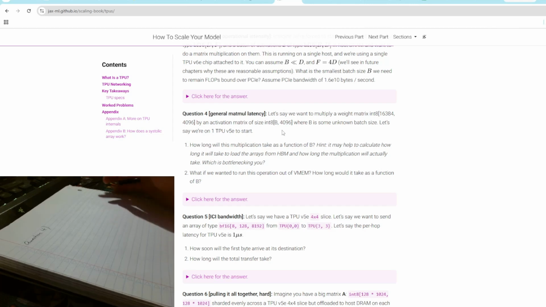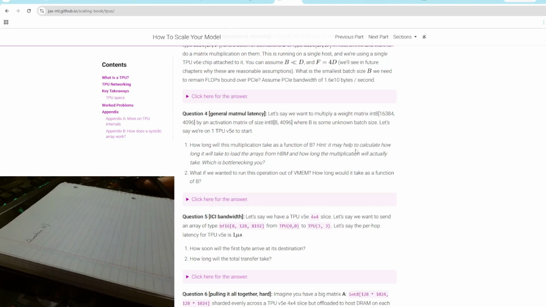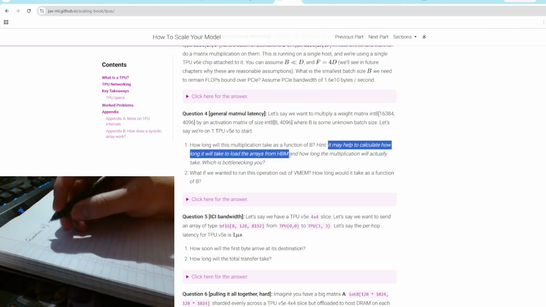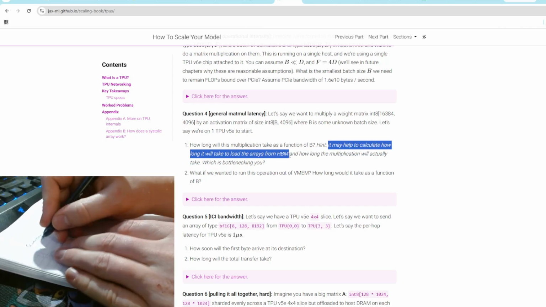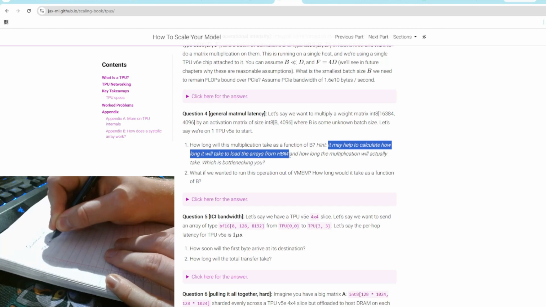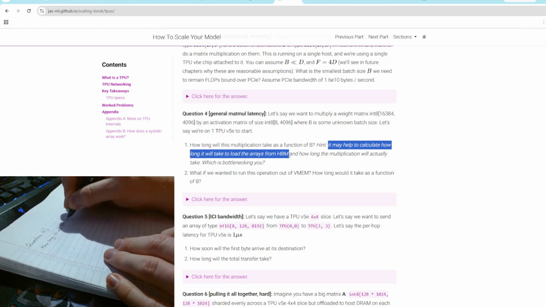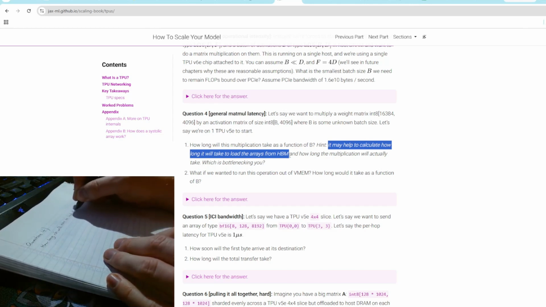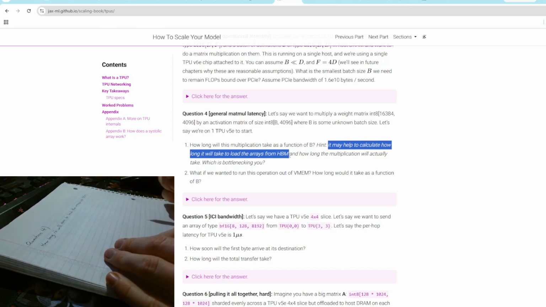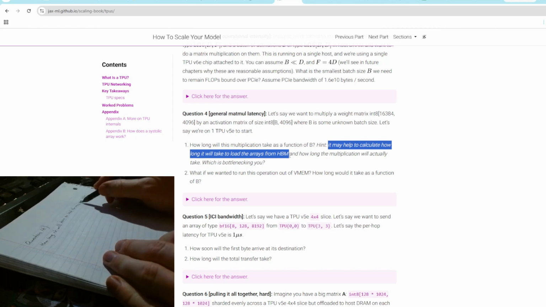So let's first calculate how long it will take to load the arrays from HBM. Let's write this down. How long it will take to load the arrays from HBM. Whoops.